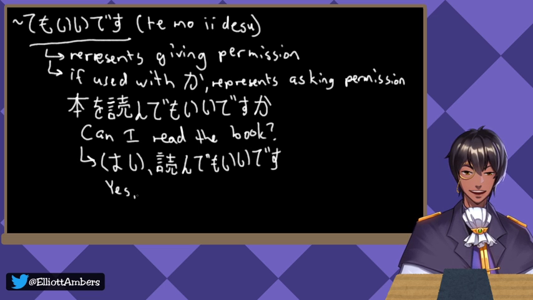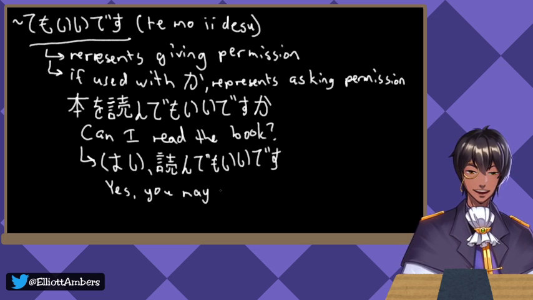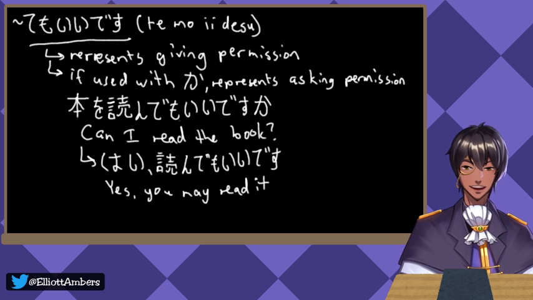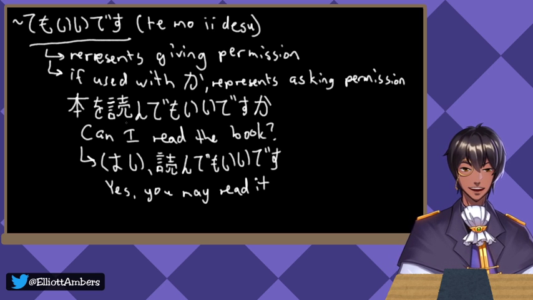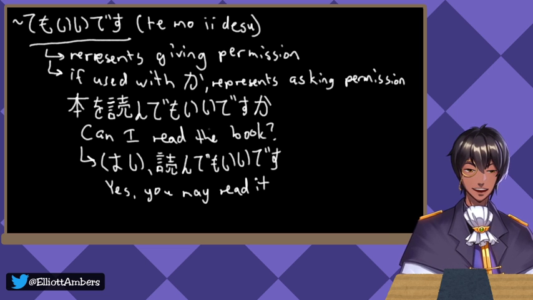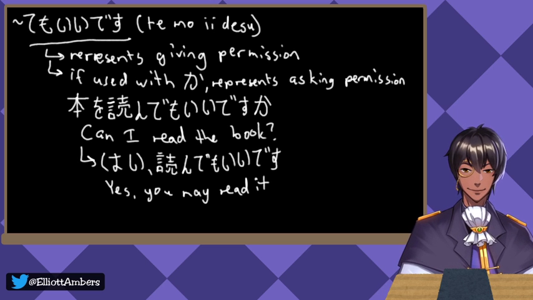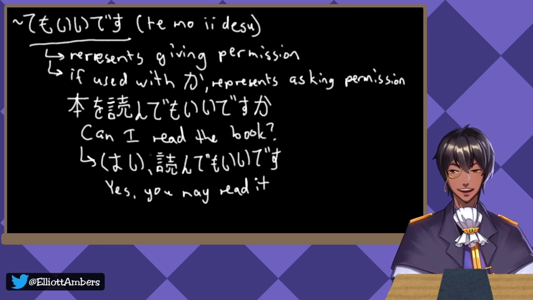Yes, you may read it. That's all you have to do. You take the verb that they used. In this case, we used yon, and so you just say, "Can I read?" They say, "Can I read the book?" And you say, "Hai, yonde mo ii desu." Yes, you may read it. You don't have to specify the book again because they already specified what the object is in question. So you can just confirm that they can do that specific action.